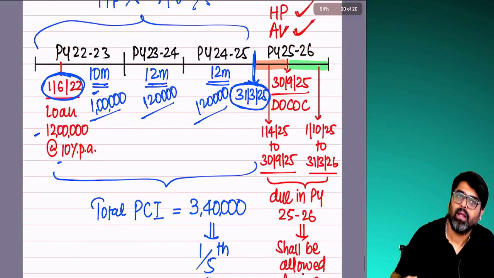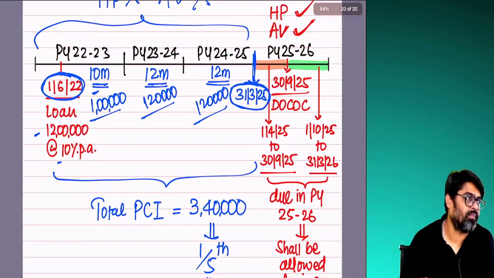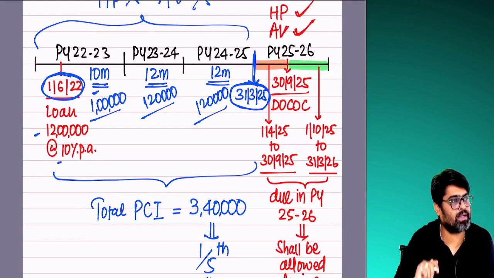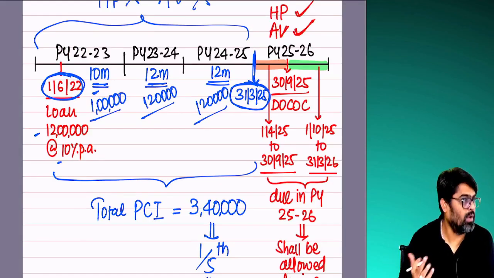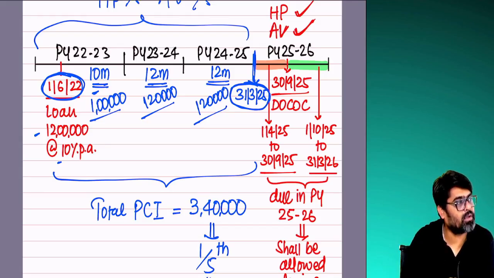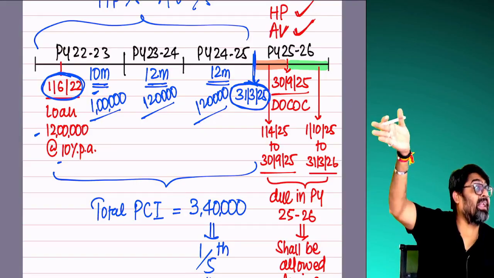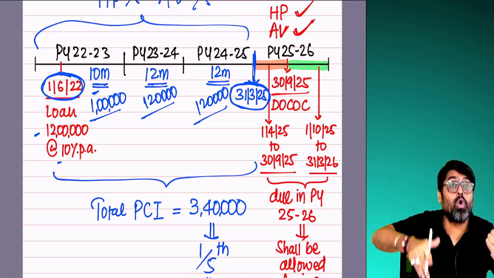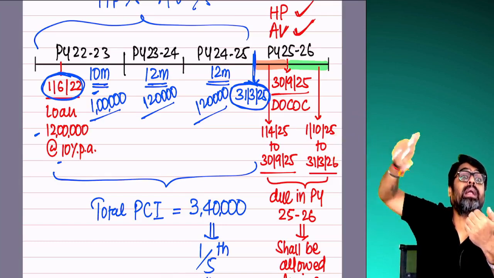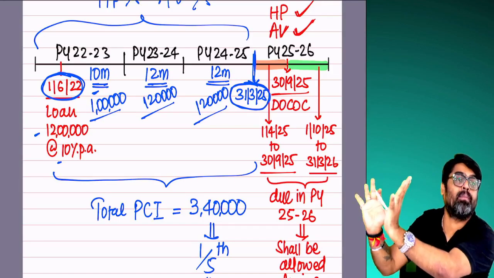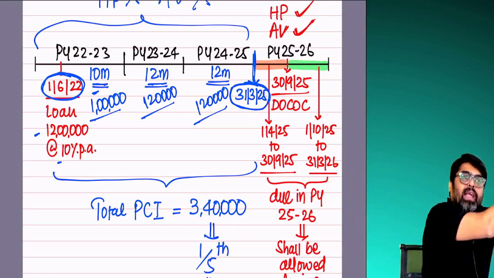So tell me, in 25-26, will you pay normal interest? How much normal interest will you pay? 1 lakh 20,000. Normal interest, I am saying, normal interest for that year, the interest which becomes due on the loan in that year. 25-26, how many months? 12 months, you will pay the interest on the same 12 lakh.